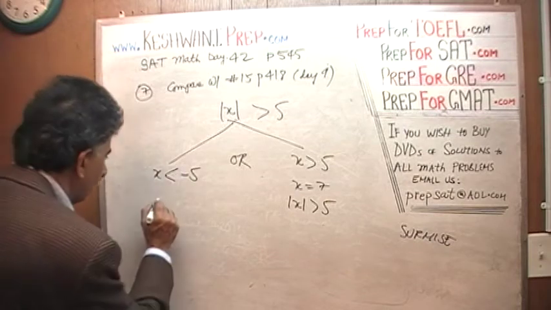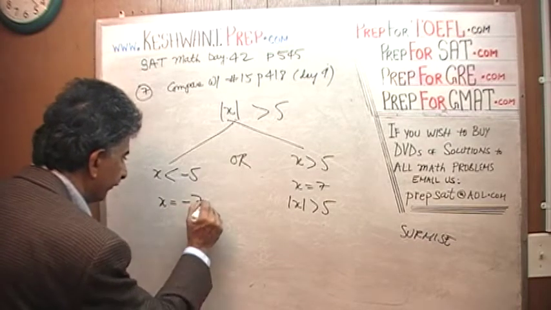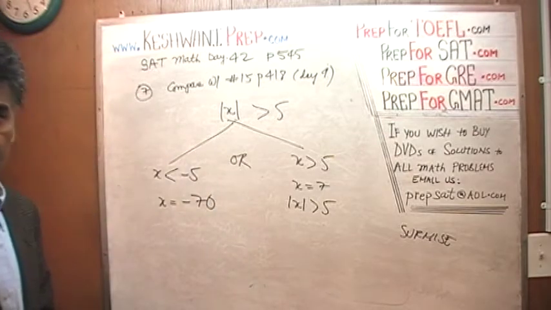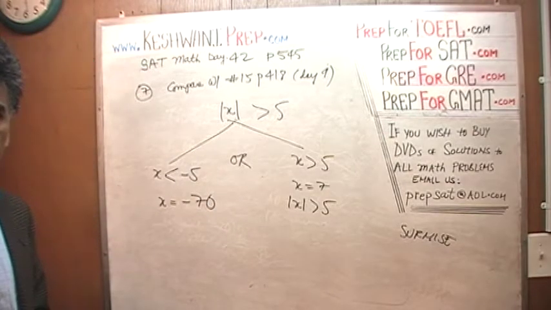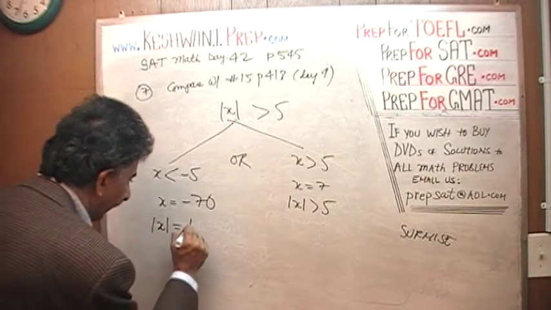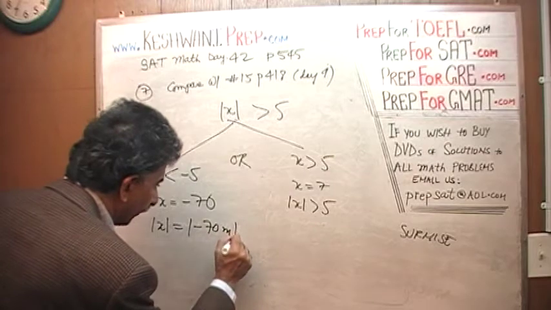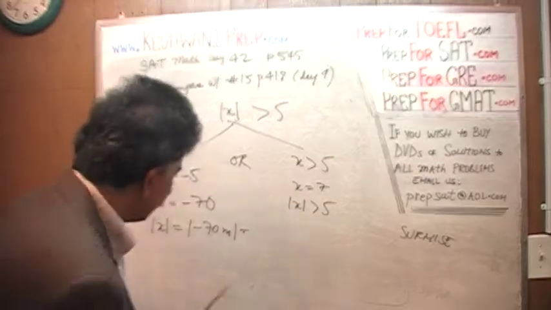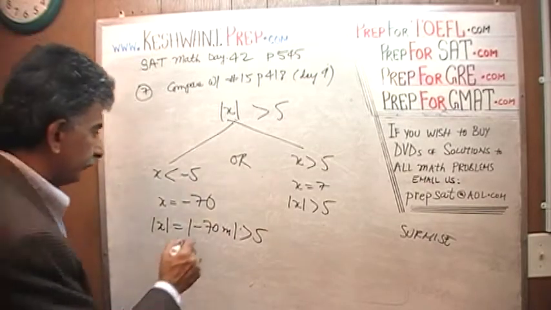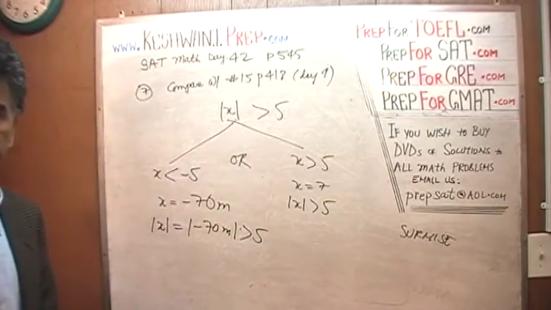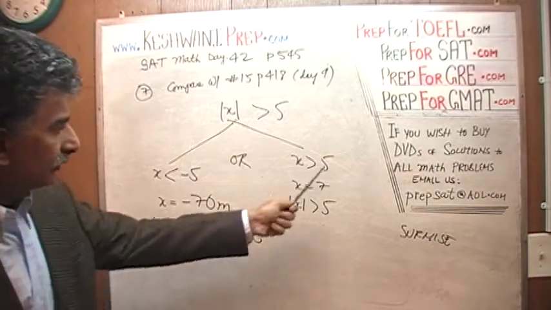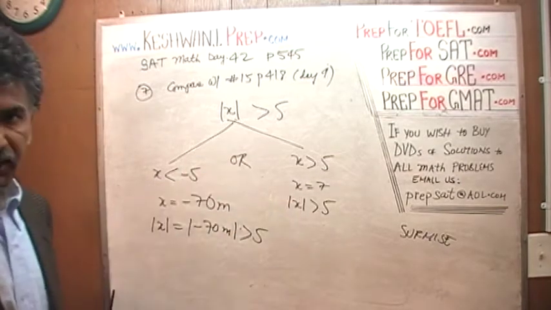For example, for all we know, x could very well be -7, or -70 for that matter, or -70 million for that matter. If x happens to be -70 million, then the absolute value of -70 million is of course going to be more than 5. Do you understand? So we cannot tell. There are two possibilities. It's either less than -5 or more than +5 when we are given something like this.